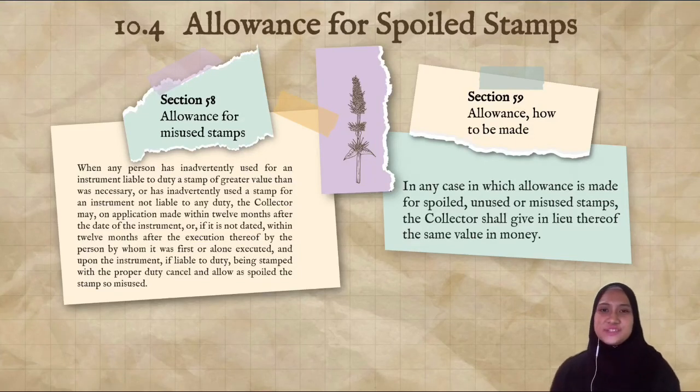And according to Section 59 on allowance, how to be made: in any case in which allowance is made for spoiled, unused or misused stamp, the collector shall give in lieu thereof the same value in money.